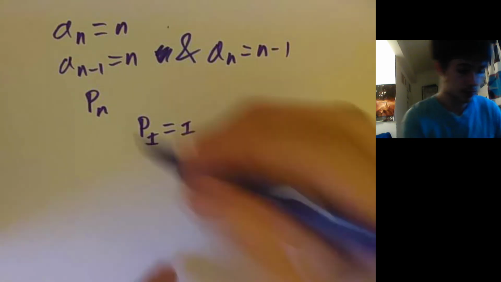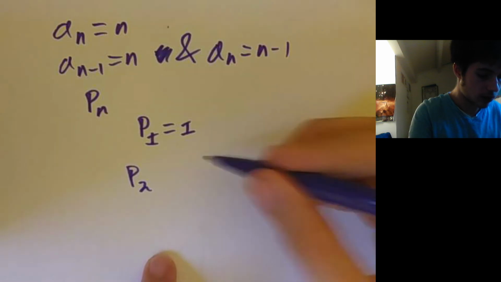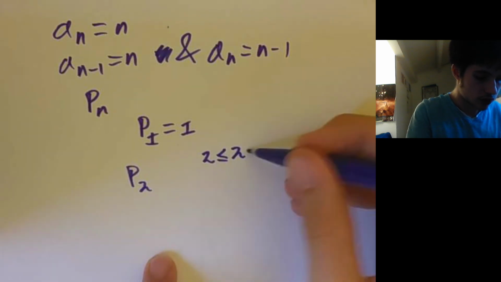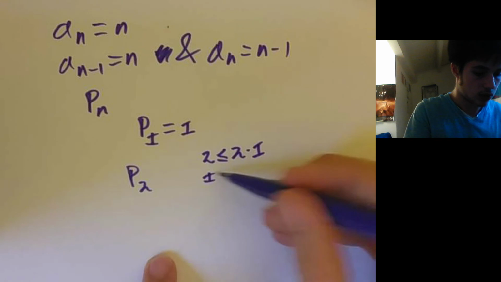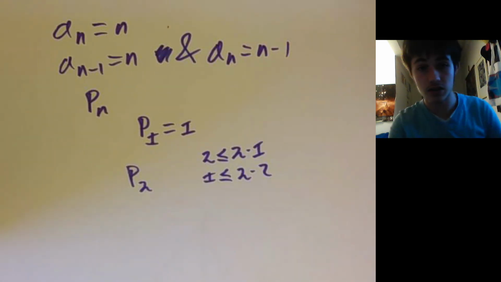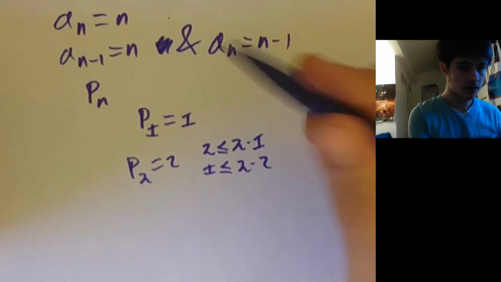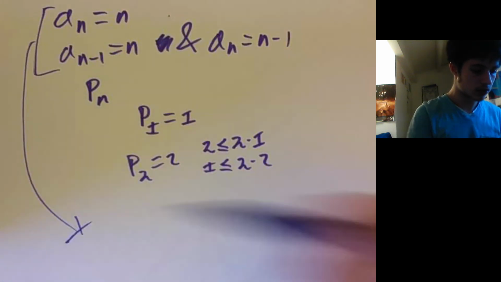And for p2, you have 2 is less than or equal to 2 times 1, and 1 is less than or equal to 2 times 2, so both permutations satisfy, so p2 is equal to 2. And now by these two relations, we know either one of them is true.